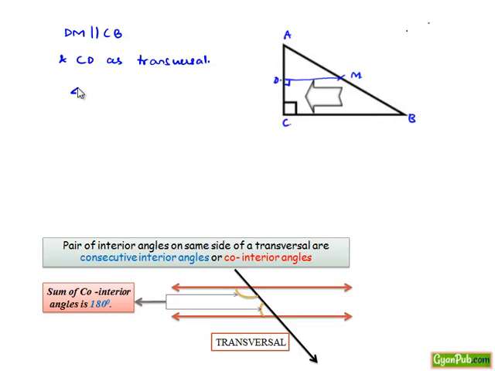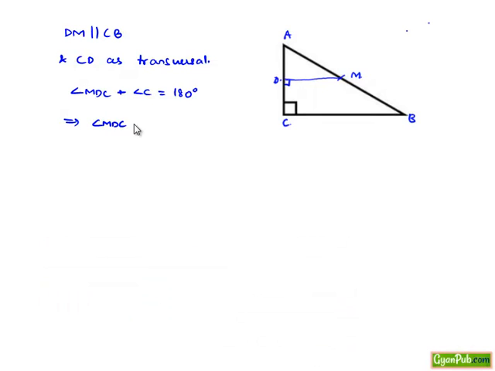We can say angle MDC plus angle C is equal to 180 degrees, which implies angle MDC plus 90 degrees, as ABC is a right angle triangle at C, is equal to 180 degrees. That implies angle MDC is equal to 180 degrees minus 90 degrees, which is equal to 90 degrees. Therefore, we can say that MD is perpendicular to AC. This is what our second proof required.